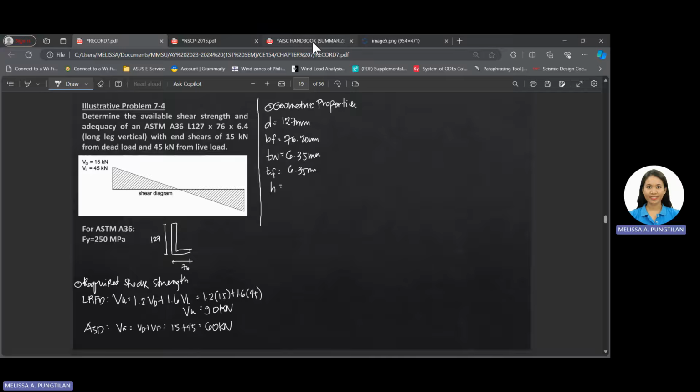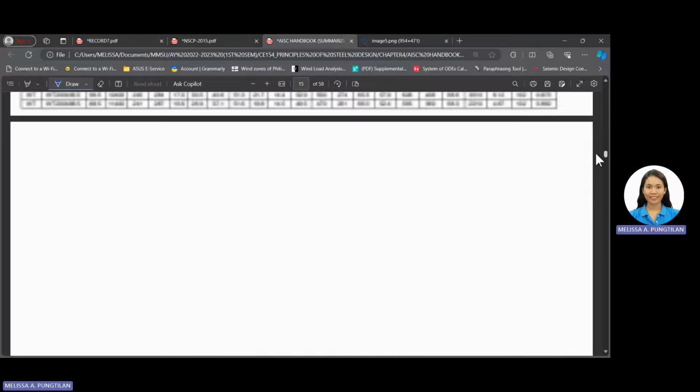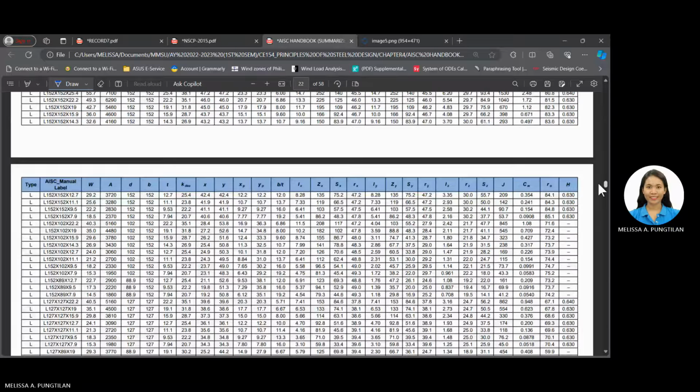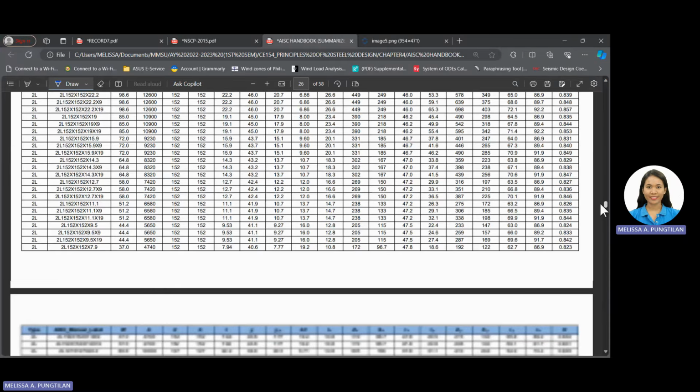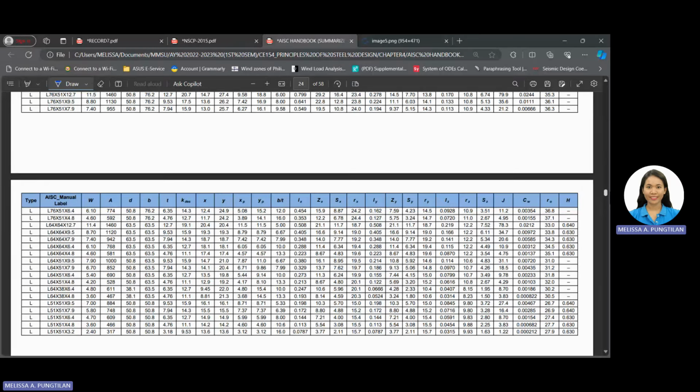So kung pupunta kayo sa AISC nyo, proceed kayo dun sa unequal angle, wala tayong makikitang value for H because the H is just equal to our depth. Okay, ayan. For example, ito, unequal angle, wala tayong makikitang H. So it will just pertain to the depth.